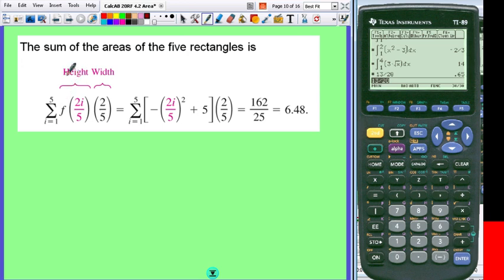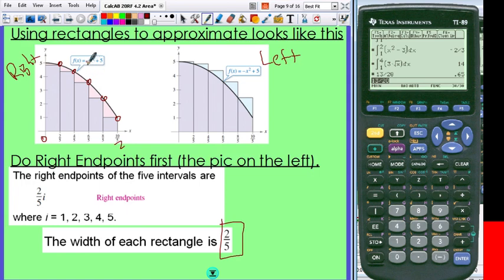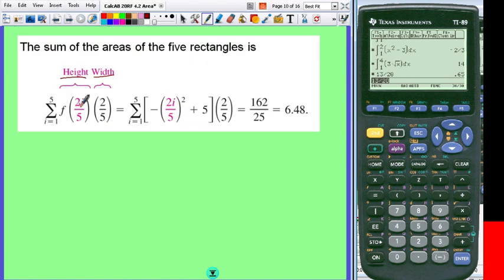So every rectangle is width times height, okay? And in this case, our width was 2/5. The height of the rectangle is plugging 2i over 5 into that function f. So the function f is, it's hard to see, negative x squared plus 5. So for the x, you're plugging in 2i over 5. And you're doing that for i equals 1 to 5.